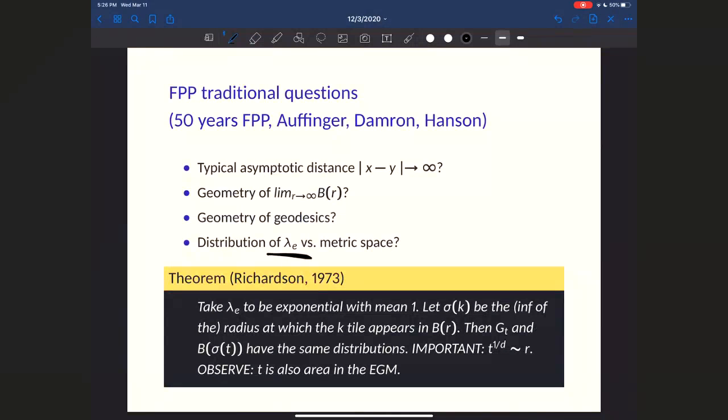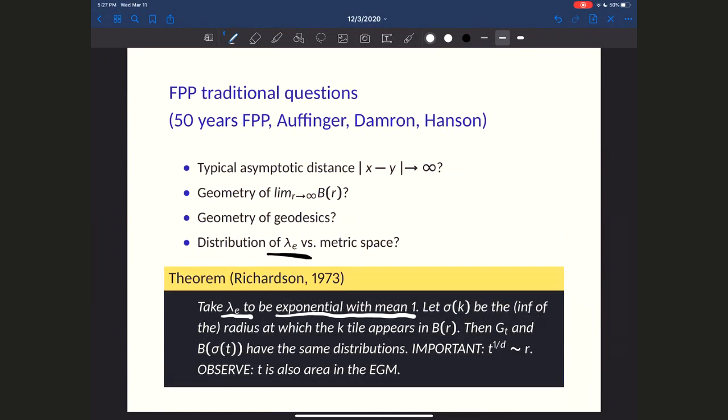How does the metric space change with respect to that? And the theorem Richardson proved in 1973, which is actually the main theorem that connects the first passage percolation model and the Eden model, says that if you take the variables on the edges to be exponential with mean 1, it has to be that particular distribution.